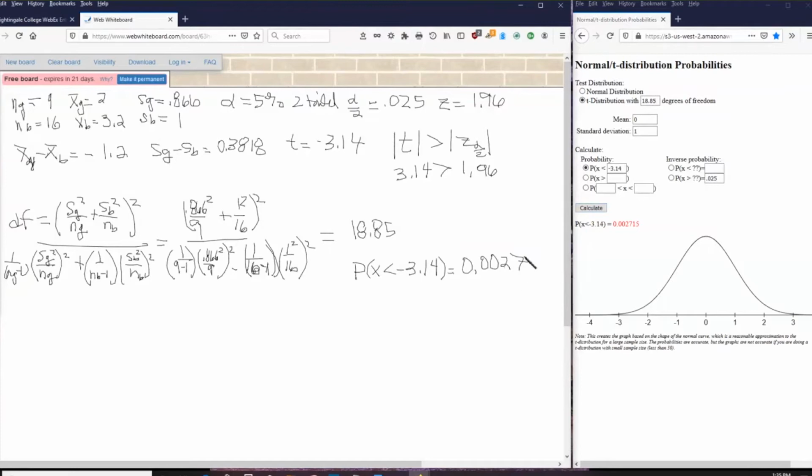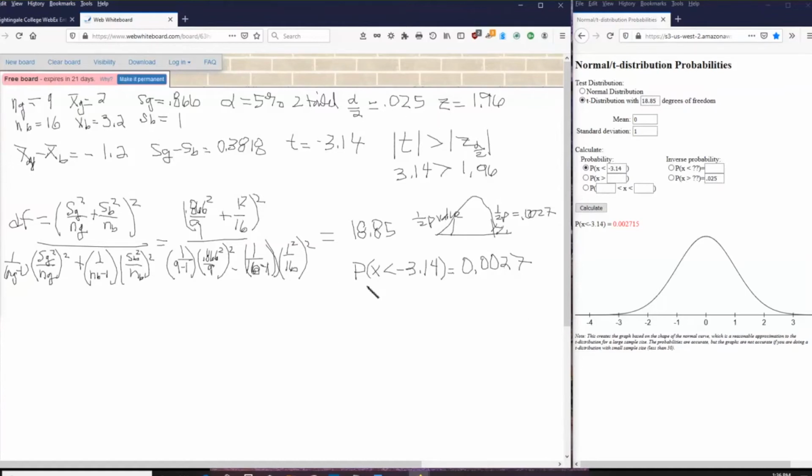0.0027. Okay. Now, if you remember, because we have a two-tailed test, this is going to be half of our p-value. It's 0.0027, and then the other half of our p-value is going to be on the other side, just like we split up the two alphas.